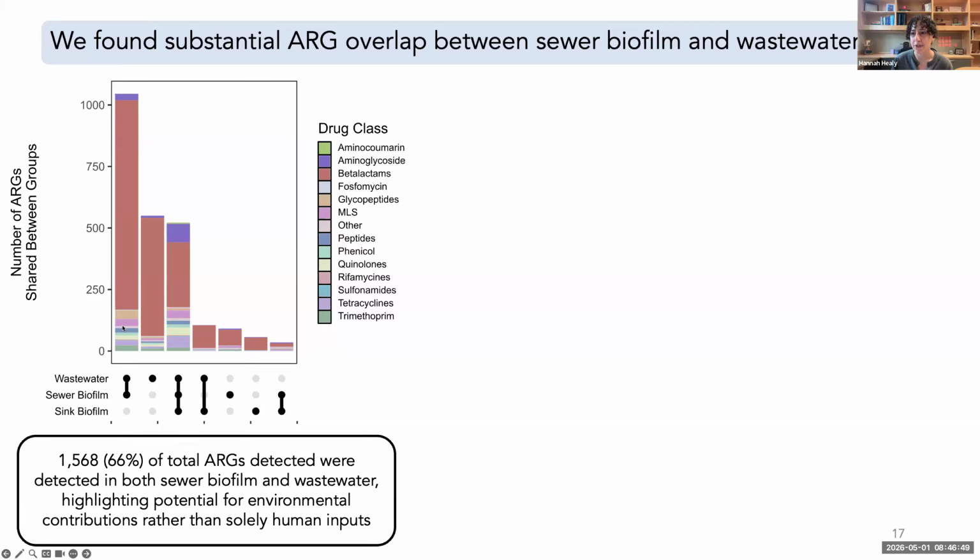In this first column, we're showing all the genes that were observed both in wastewater and in sewer biofilm samples. The third column shows ones that were detected in all three environments. So 66%, or over 1,500 unique ARGs, were detected in both sewer biofilms and wastewater, highlighting the potential for environmental contributions.